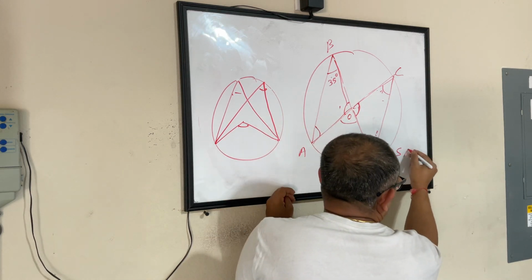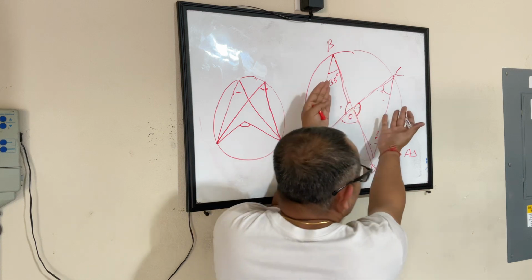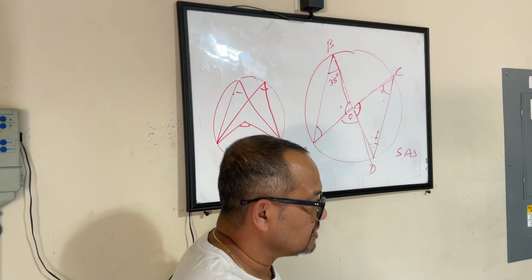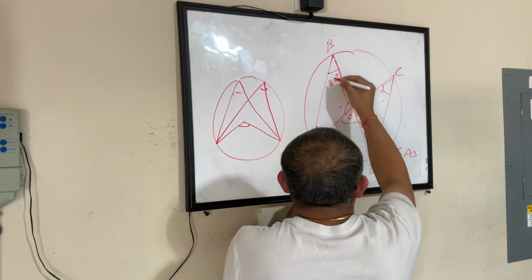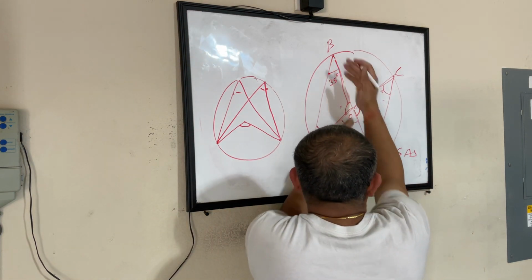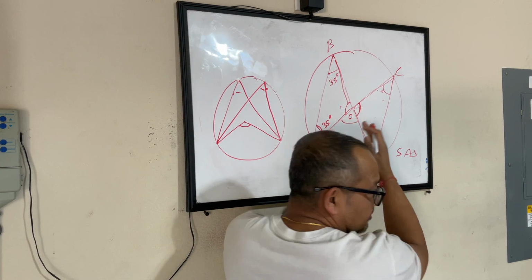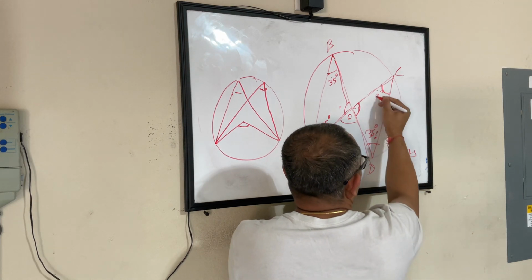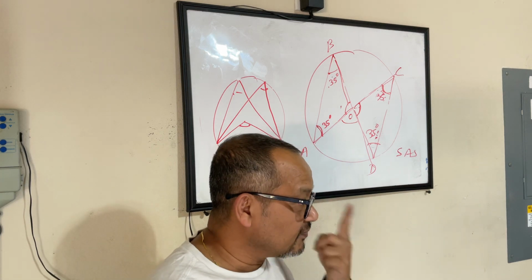SAS theorem of congruence says these two are congruent, meaning these two triangles are exact replicas of each other. Now, these two sides being the same means this is an isosceles triangle, so this angle and this angle are the same. So when they are congruent, both the angles are 35 degrees. If this is 35, this will be 35 only.